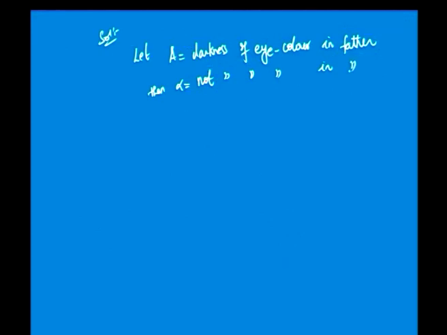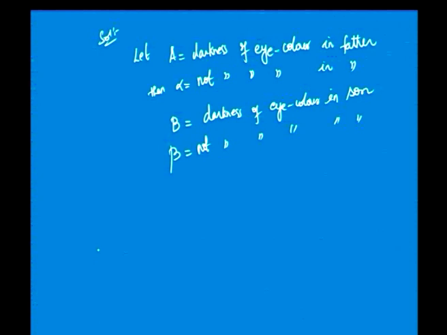The eye color of father is not dark. Okay. Then B is equal to darkness of eye color in son. Okay. Then its complementary beta is not darkness of eye color in son.